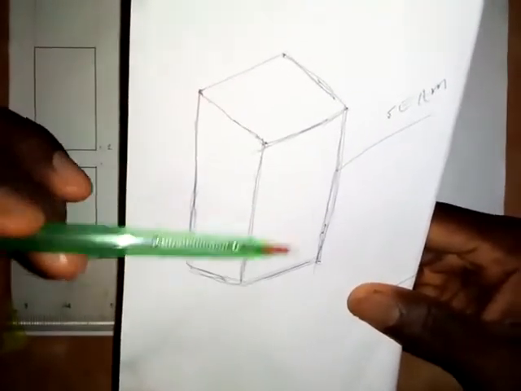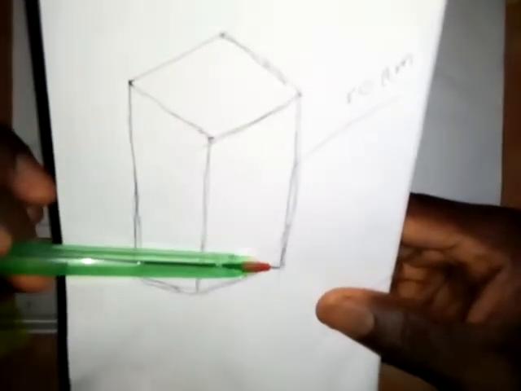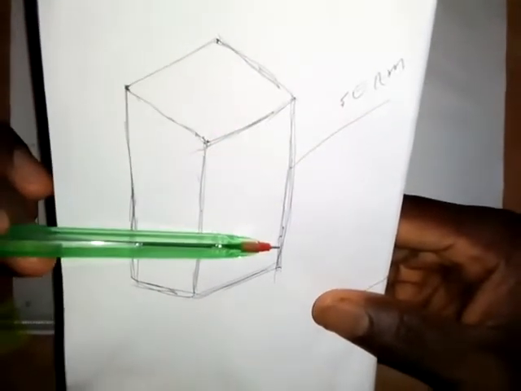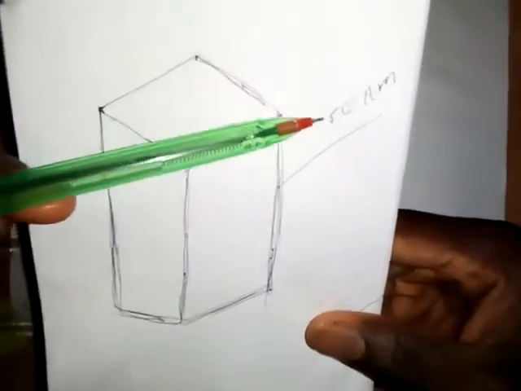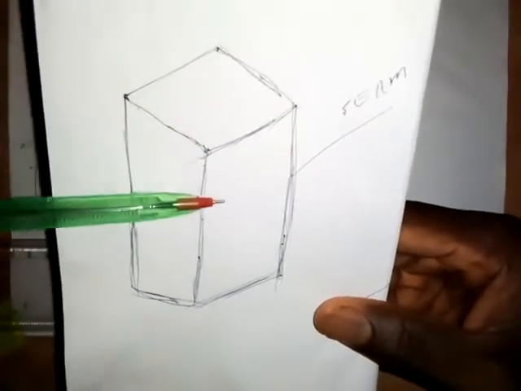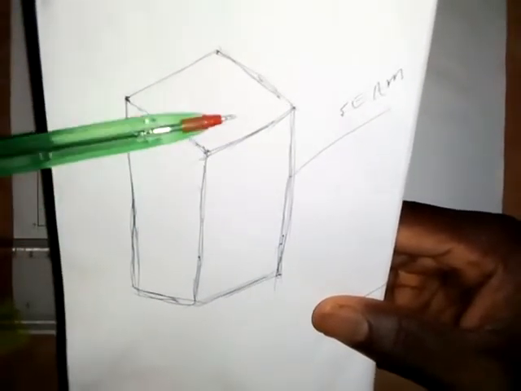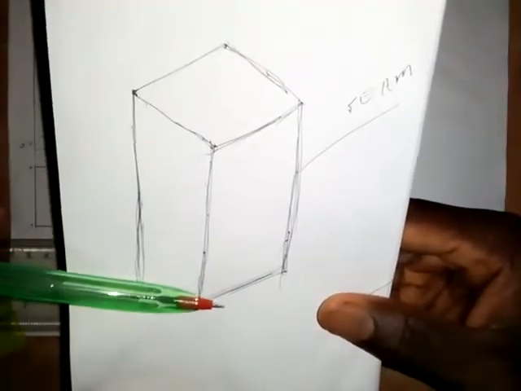So this line along which the solid is cut, for us to open it, is known as the seam, as you can see here. So we are going to cut it here and spread it. So we are going to have 4 rectangular faces and 2 square faces, one at the top and one at the bottom.